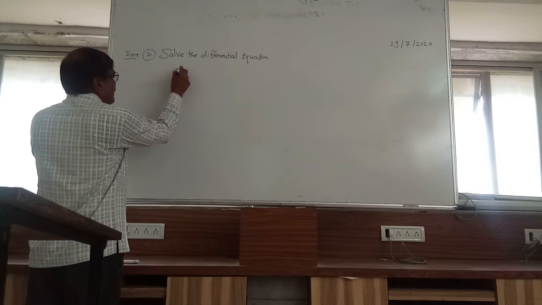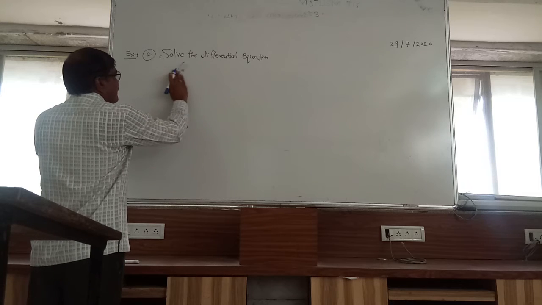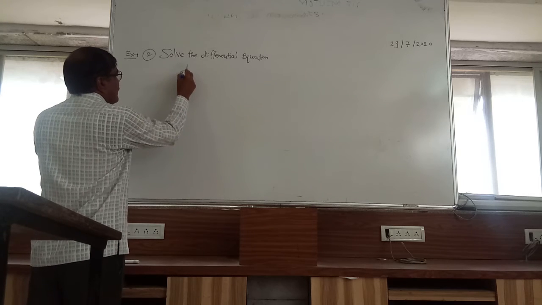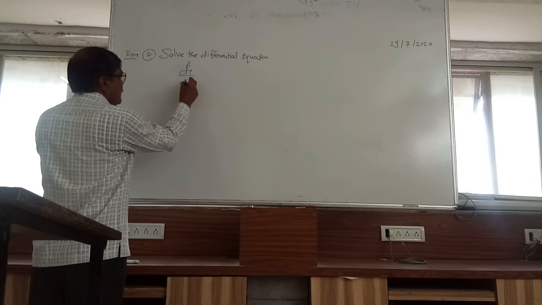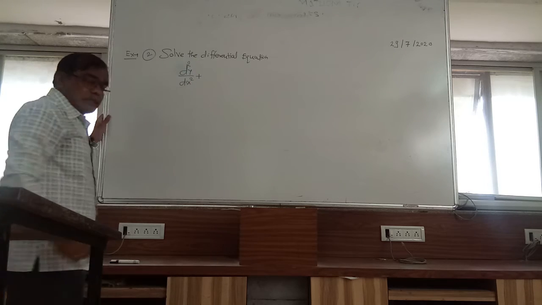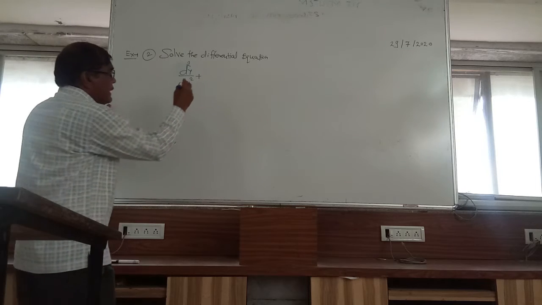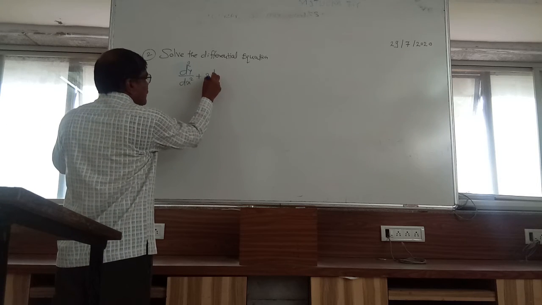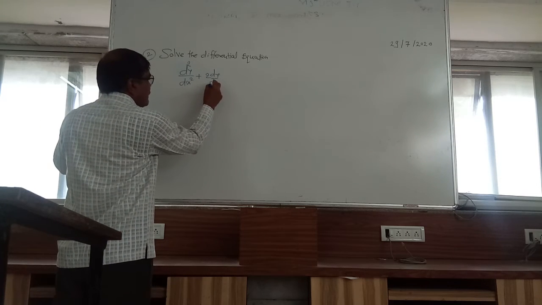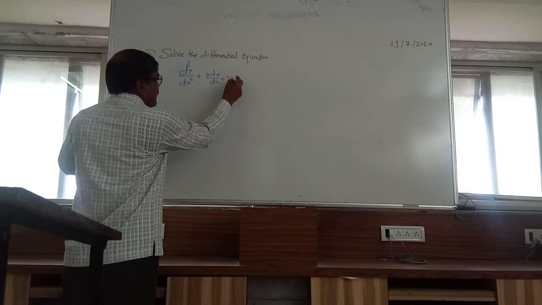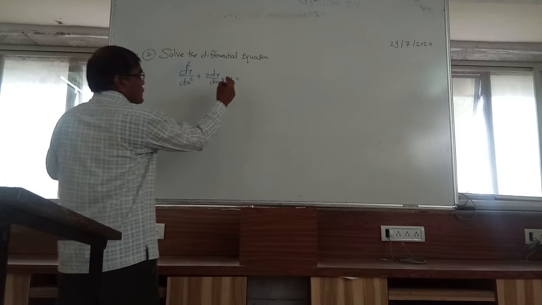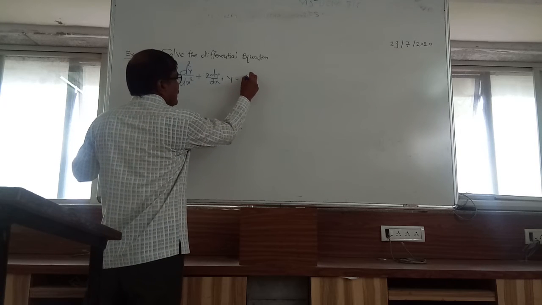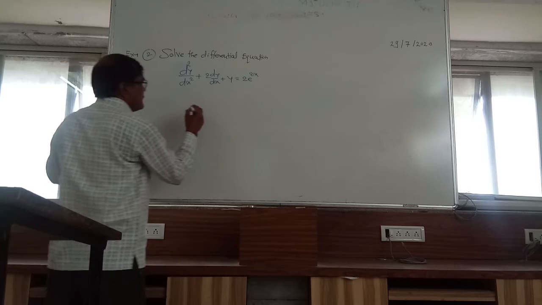Example 1: d2y by dx square plus 2 dy by dx plus y is equal to 2 into e raised to 2x.